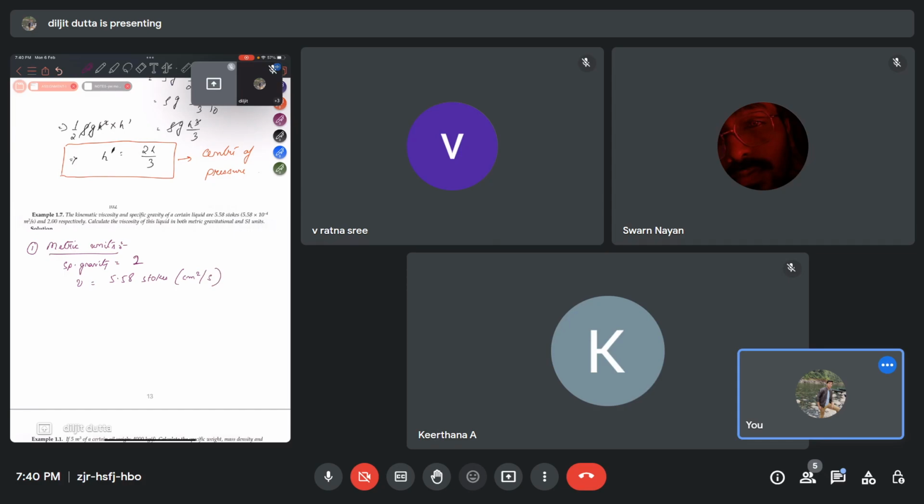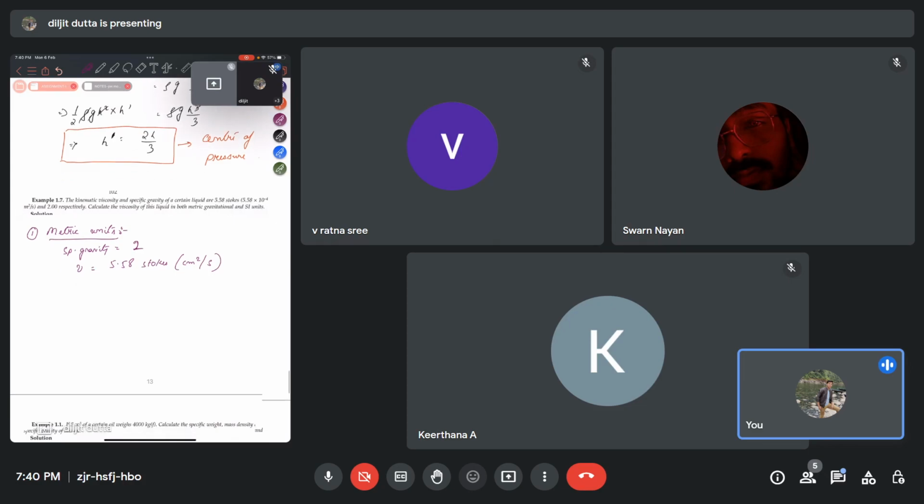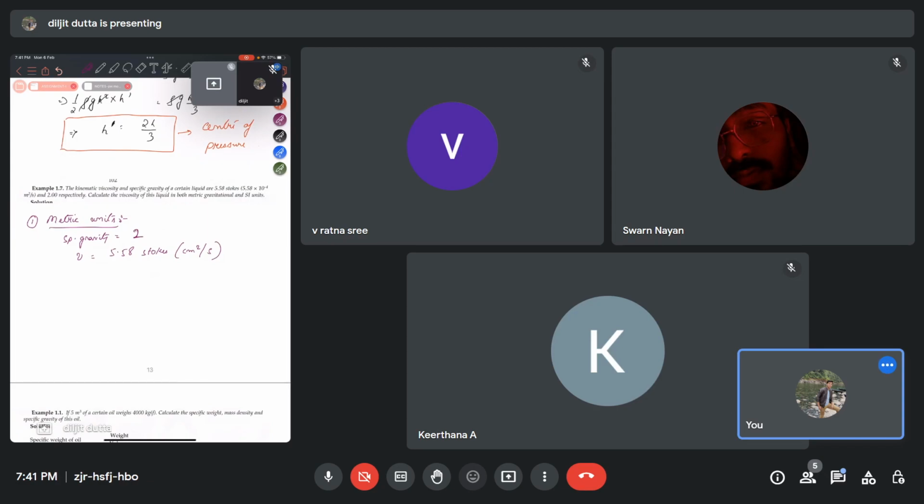These metric units are used in the English system. In India we mostly use the SI system only, but still for your knowledge I will give the description here.